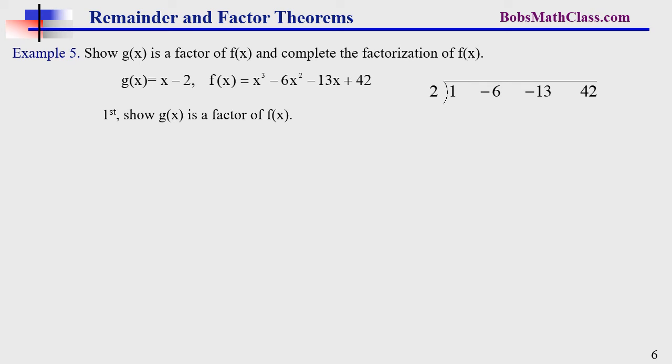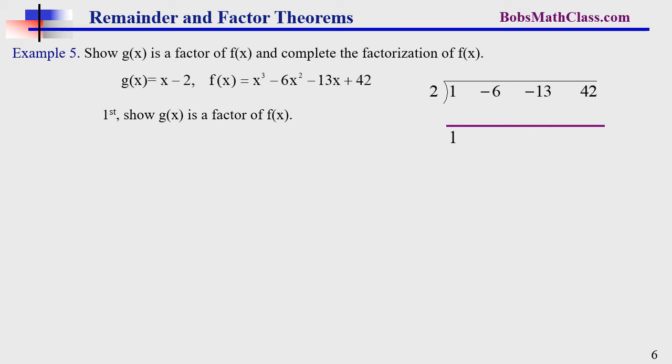So we write down our coefficients and our constant, 1, -6, -13, 42. And our divisor is x minus 2, so we're going to use positive 2 for c. Okay, go ahead and do the work.